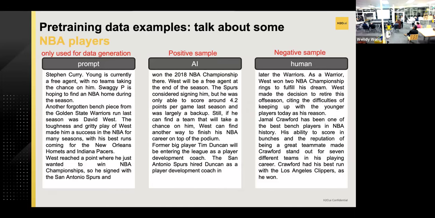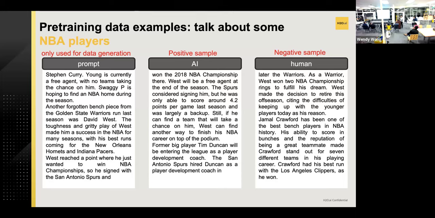So let's take a look at some generated examples. This is a random pick of the data, and we see it's talking about some NBA players. On the left is the original text we use as a prompt, and we can see that at the end, West reached a point where he just wanted to win an NBA championship, so he signed with the San Antonio Spurs. This is the truncation point. On the right side, you can see human.